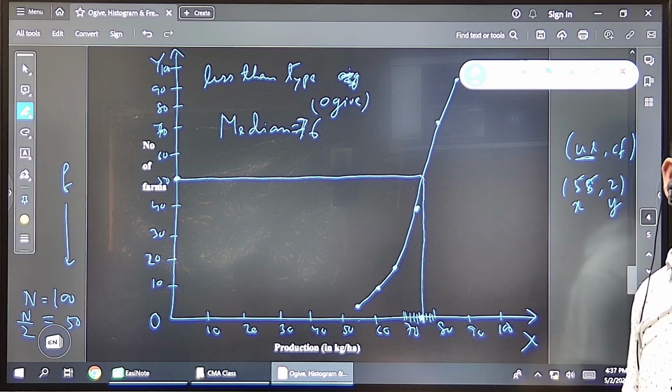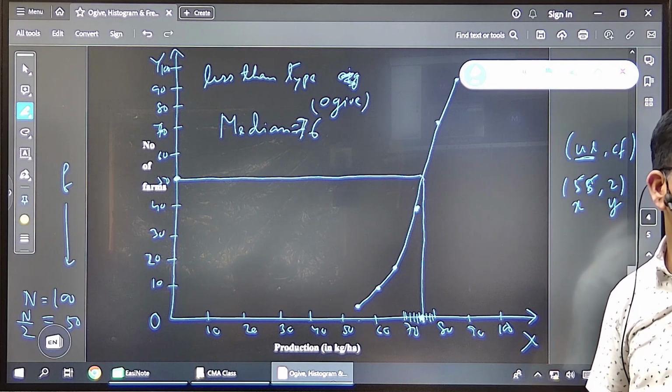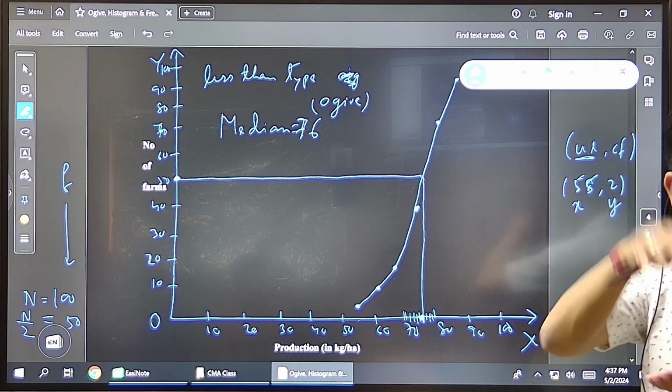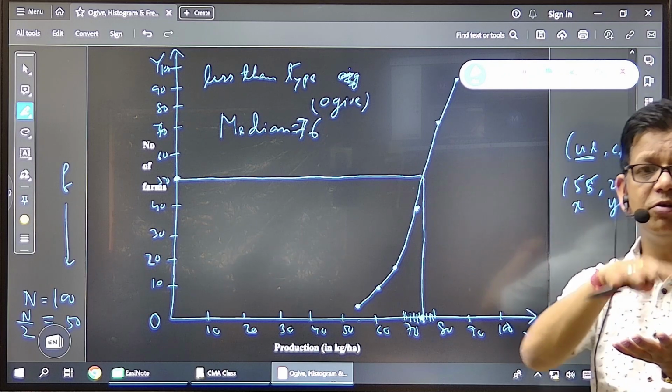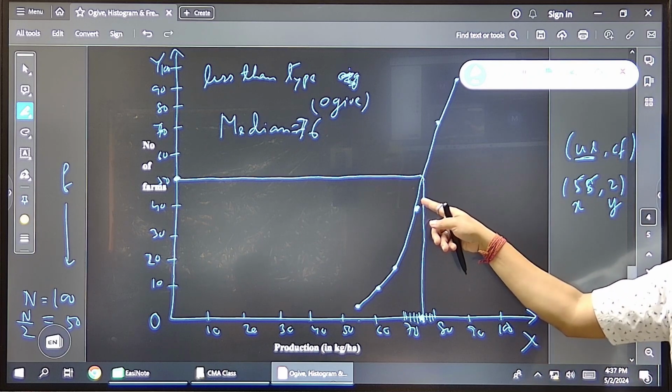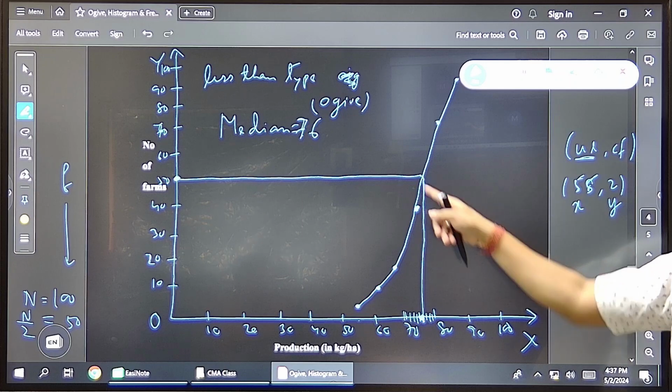Median is a middle value. Median, mean, mode, they are always approximately the middlemost value. Hence we get it in the middle. Understood? So we need only this number.